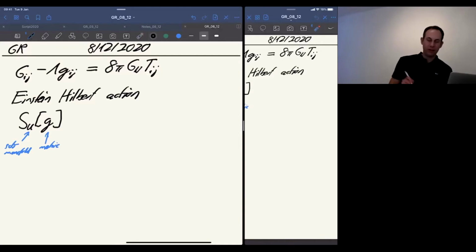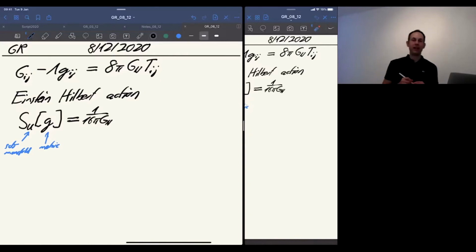Let's just assume we have some region, some domain U, and now we can essentially assign to any such domain U, for any given metric g, a number. And this number is given by, first of all, a prefactor, which is essentially just a convenience. Whenever there's a prefactor appearing, I could as well have absorbed it into the constants of nature. You see that already here.